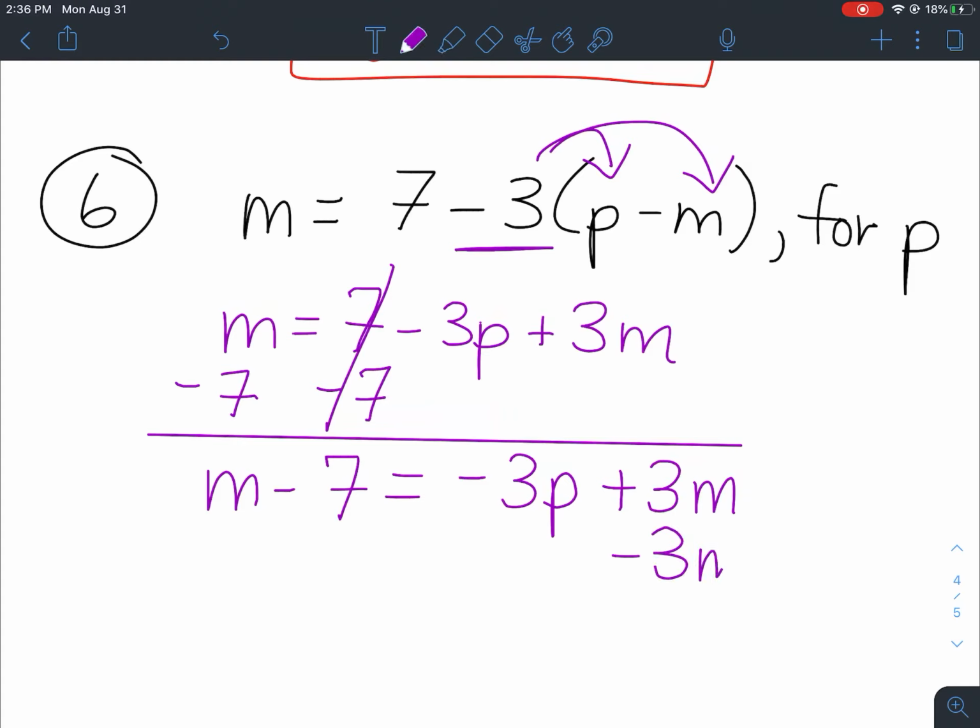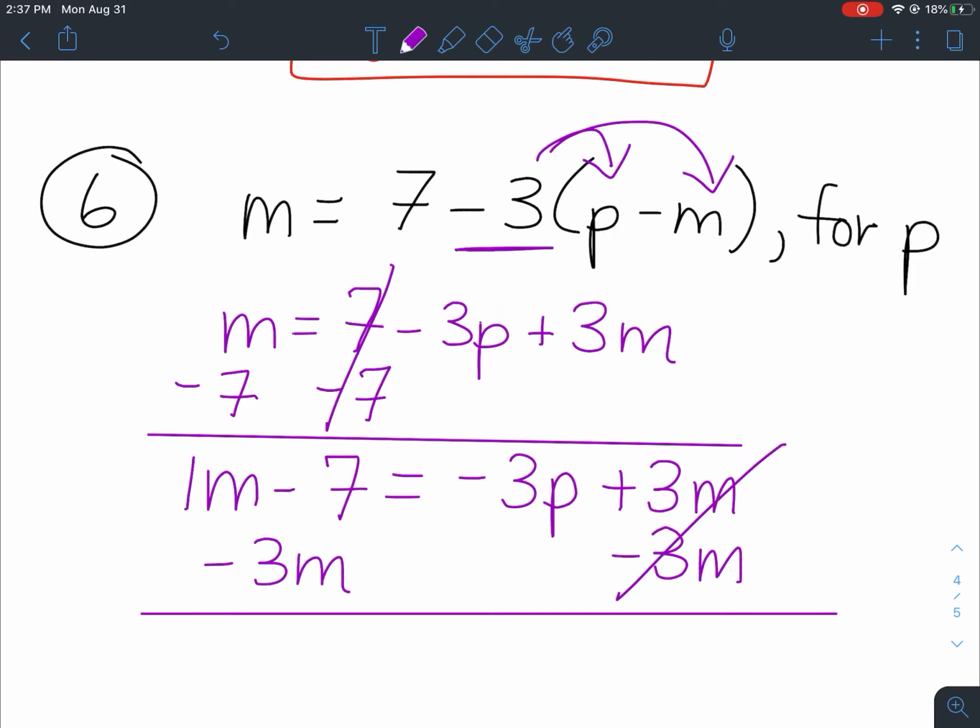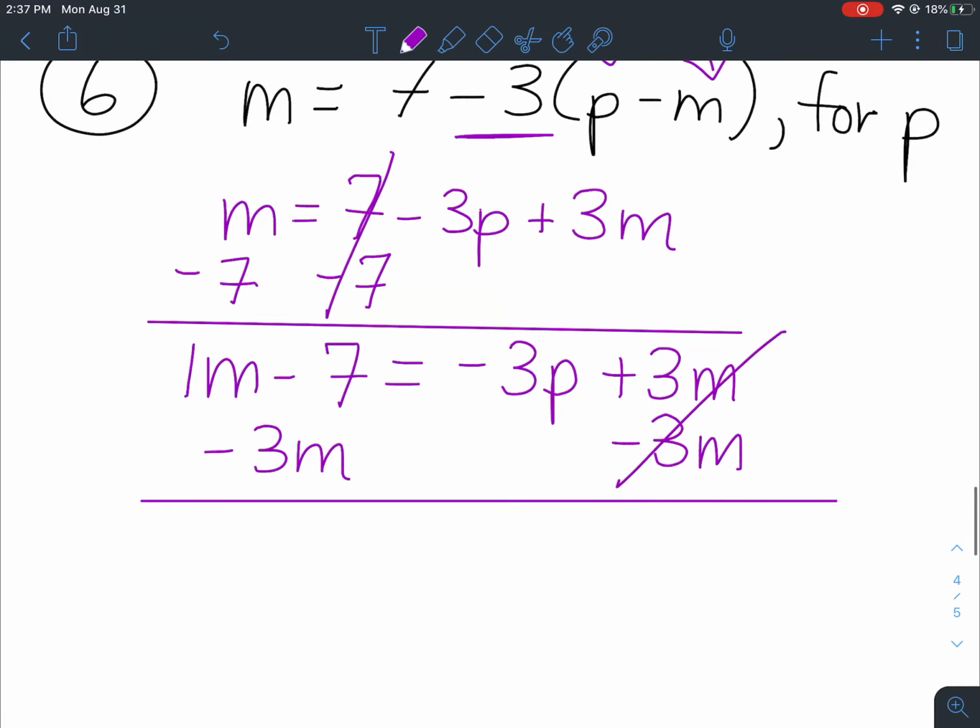It's being added, so we subtract. So on the right side, notice we have some like terms. 1m minus 3m. So 1m minus 3m would be negative 2m.